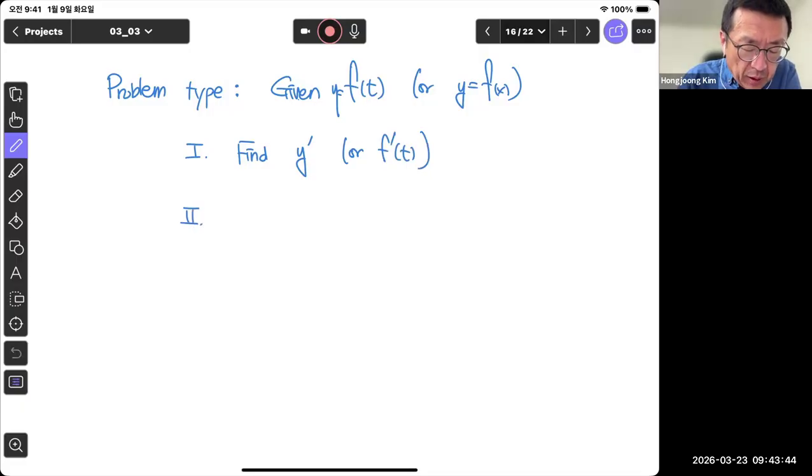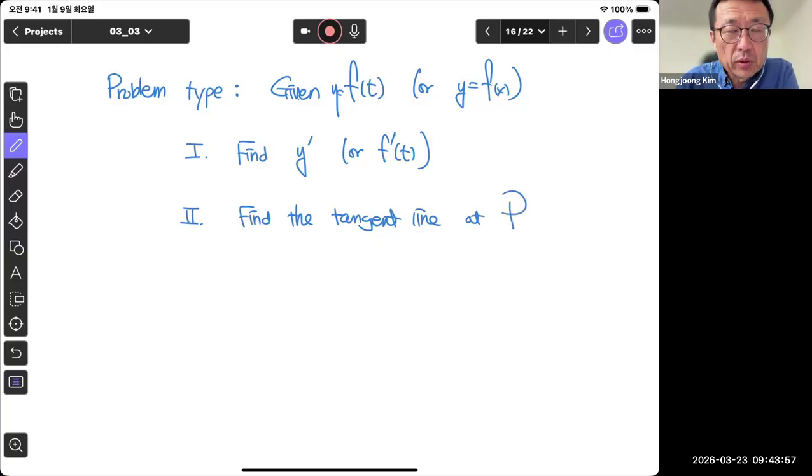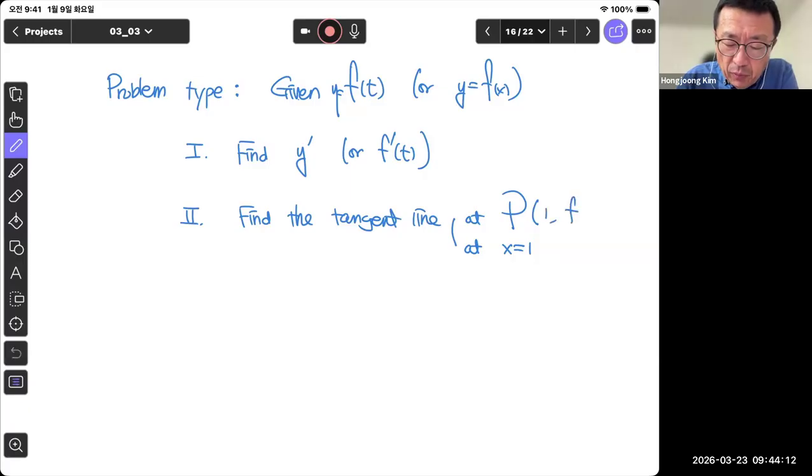Or I will ask you to find the tangent line at some point p, or I may give you only the x value. Because if I give you the x value, then the coordinate of this point p will be 1 and f of 1. So you can find the coordinate of this p when only the x value is given.